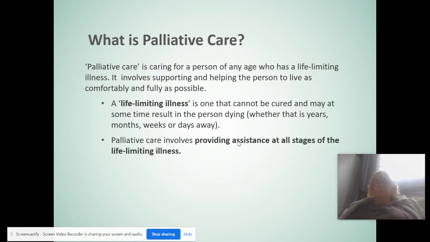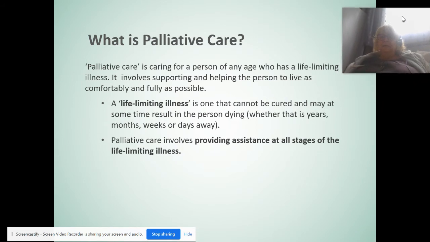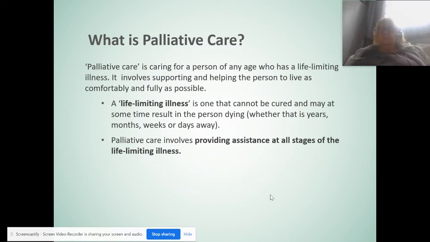It involves providing assistance at all stages of the life limiting illness. So, right from diagnosis to death, palliative care can be implemented. Usually, we try and get people involved right at the beginning, at the diagnosis stage, so that there is a consistency in care.